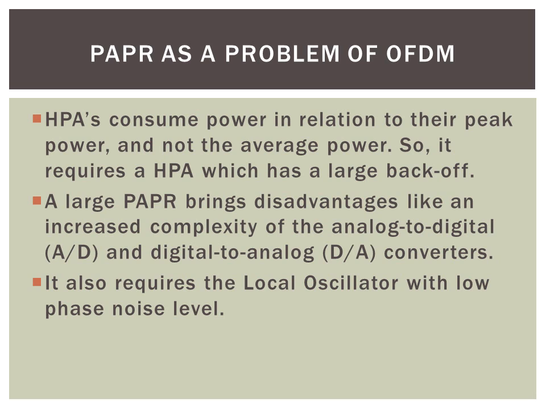Now, PAPR, that is peak to average power ratio, is considered the main problem of the OFDM signal because when we combine a number of carrier signals in the frequency domain, in the time domain each carrier has a different power level.